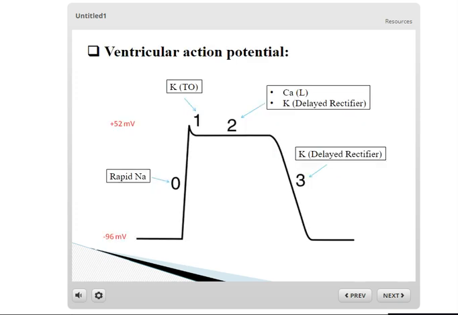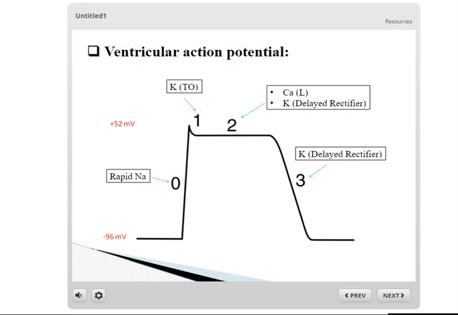These shapes show the ventricular action potential. There are 4 steps in the ventricular action potential: 0, 1, 2, and 3. As you see, the resting membrane potential in the ventricular myocyte is around minus 90 millivolts, and an action potential from the Purkinje fiber reaches the ventricular myocytes, causing the opening of the fast voltage-gated sodium channels.